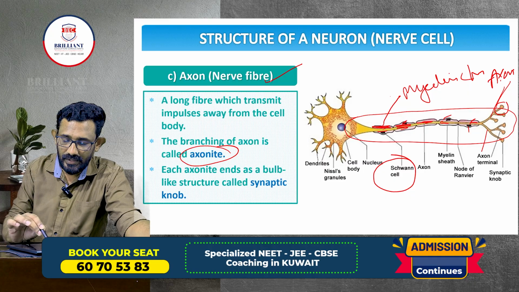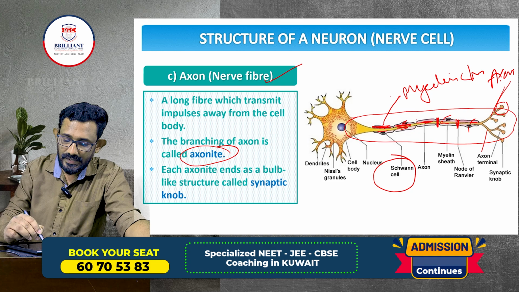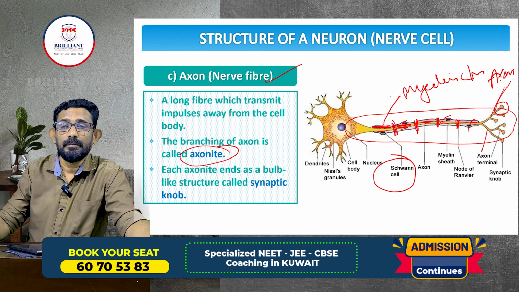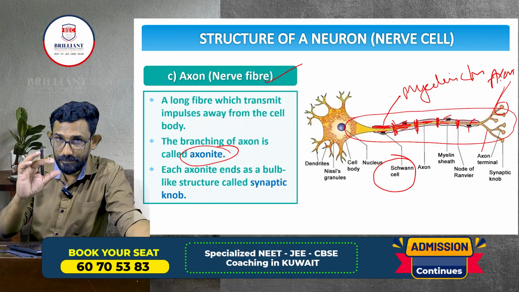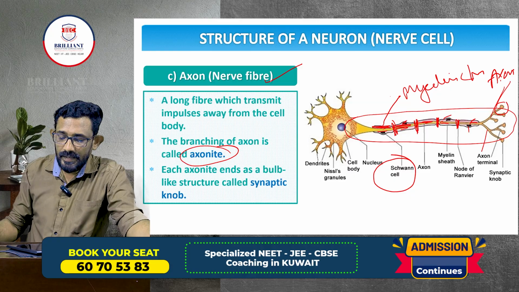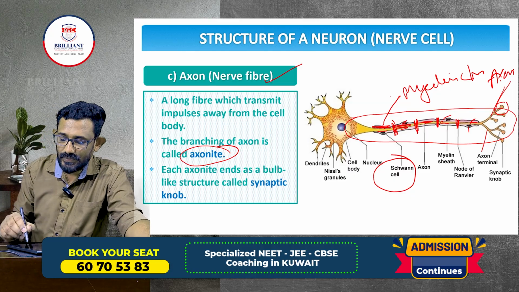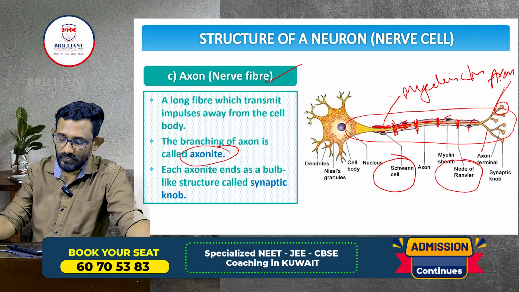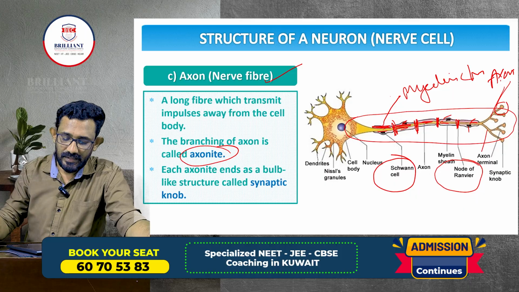At frequent intervals, these myelin sheaths are breaking. That breaking portion is called node. Actually, the nodes were discovered by a scientist called Ranvier. That is why it is called node of Ranvier. Hope it is clear.